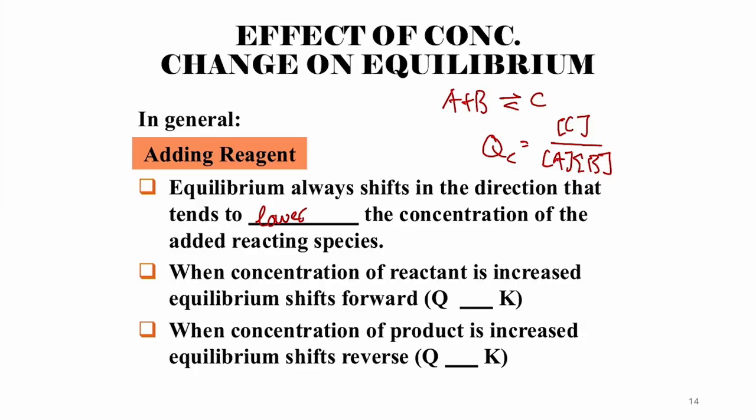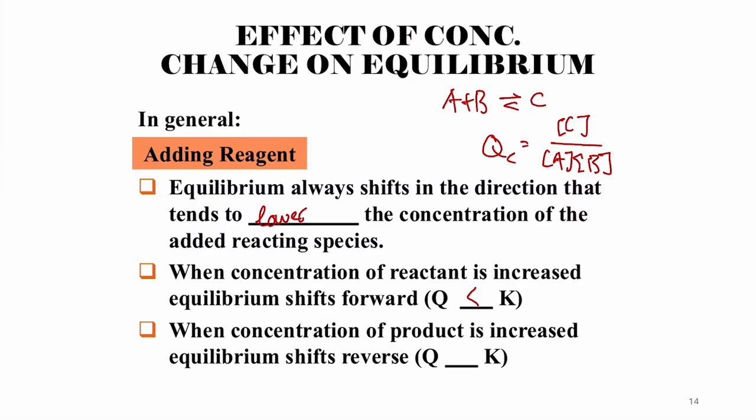If we add a bunch of A to the reaction that's initially at equilibrium, how is this value going to compare to our equilibrium constant? It should be smaller, right? Because if we're adding a bunch of A, we're dividing by a larger number, which means this whole thing should be smaller than what it is at equilibrium. And that's what we're comparing, the equilibrium constant to our reaction quotient. So that should be less than.